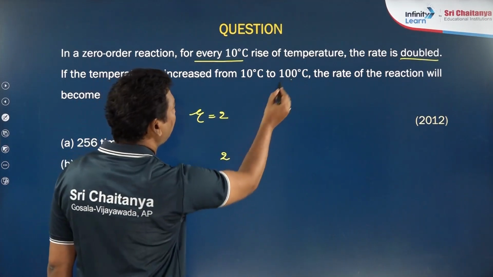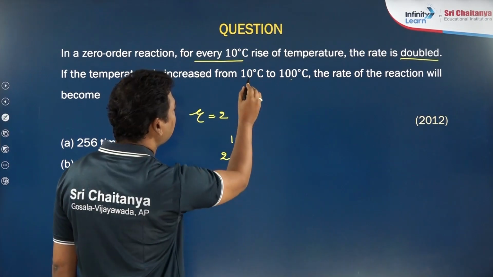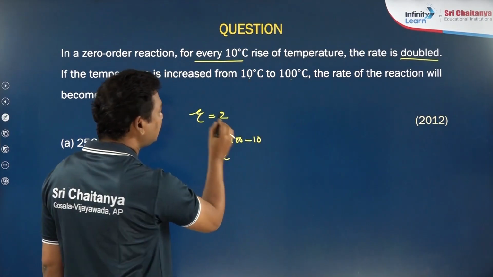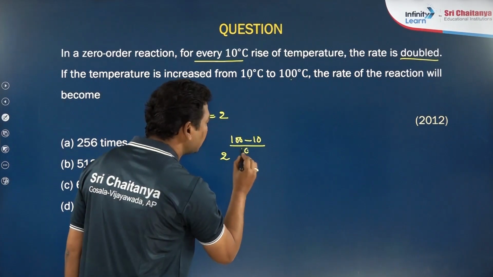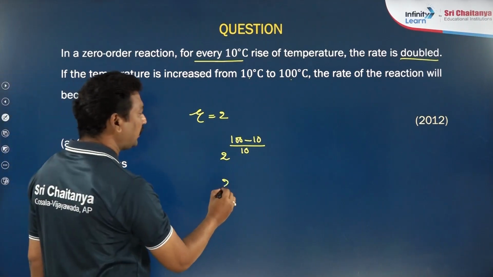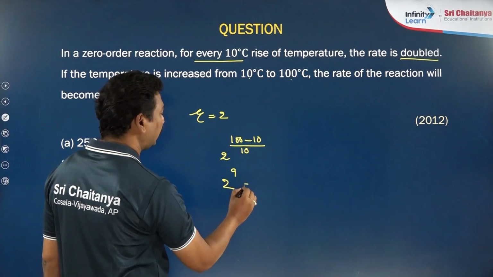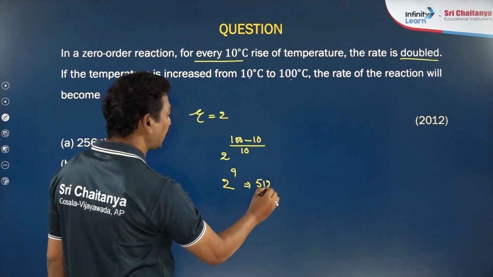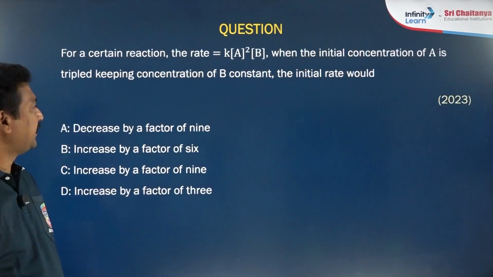What is the final temperature here? 100 minus the initial temperature, 10. For every 10 degrees centigrade rise in temperature, the rate will be doubled. So 2 power 90 by 10, 2 power 9, which is 512 times. 512 times.